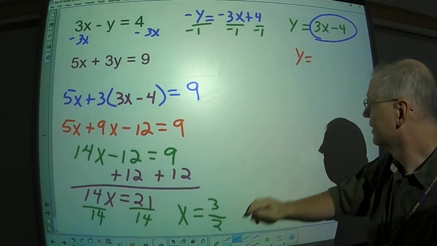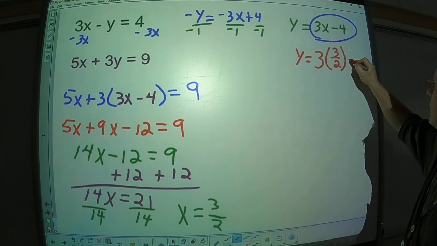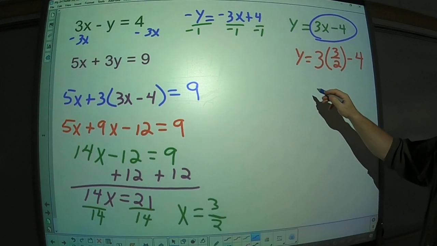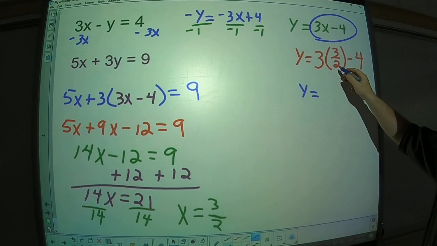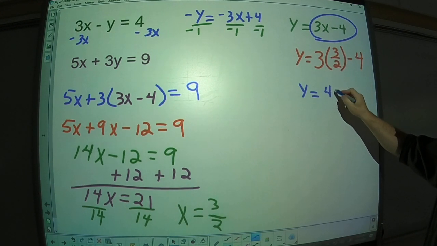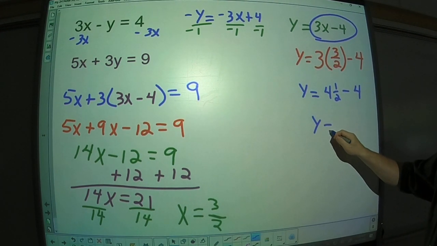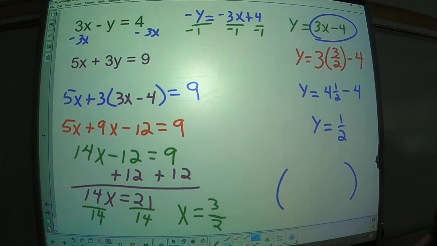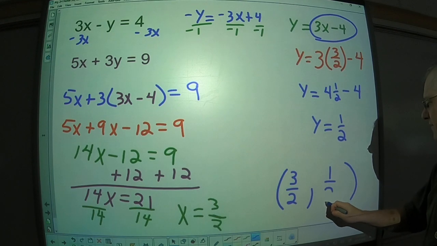Let's try that again. And y equals 9 over 2 is 4 1/2. So that gives me 1/2. So my answer for this problem is 3/2, 1/2.